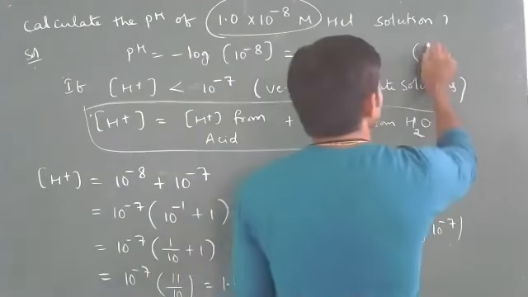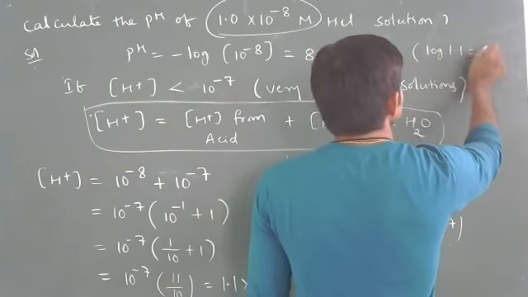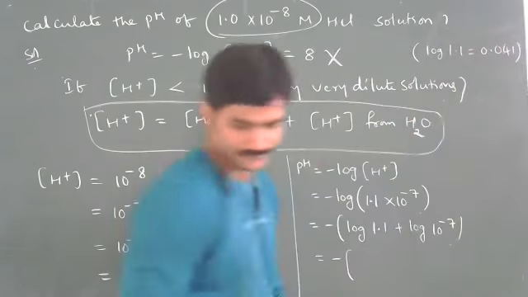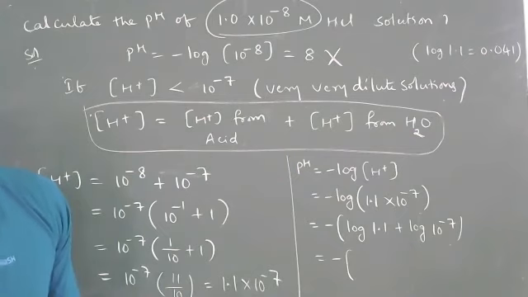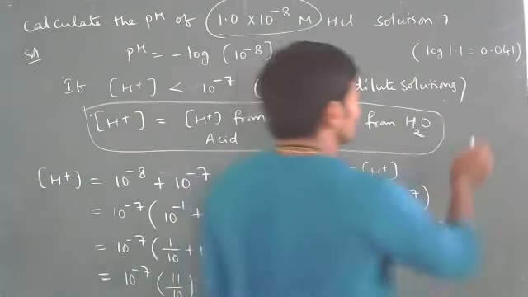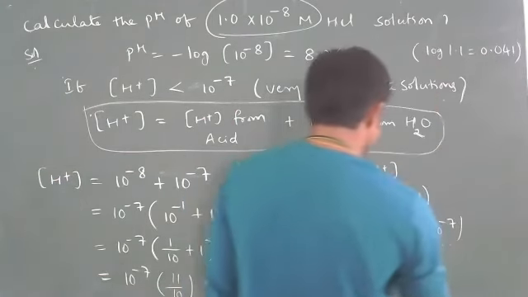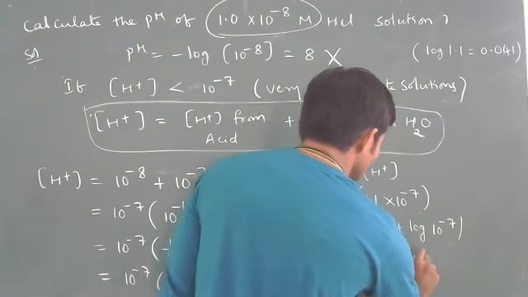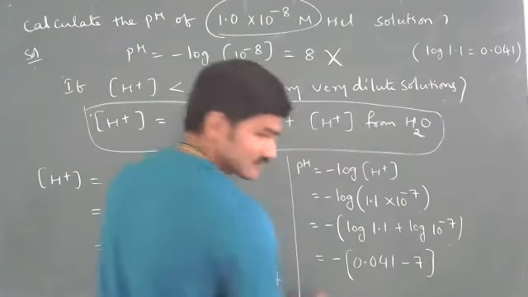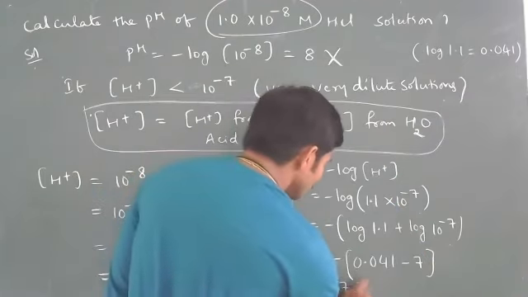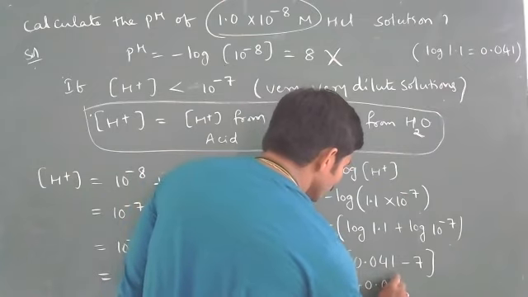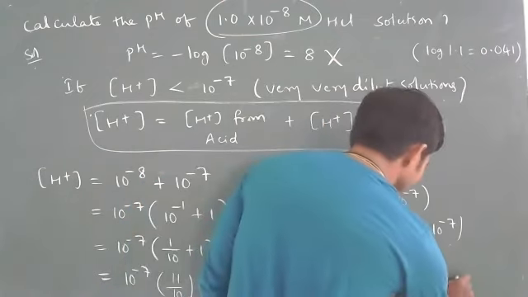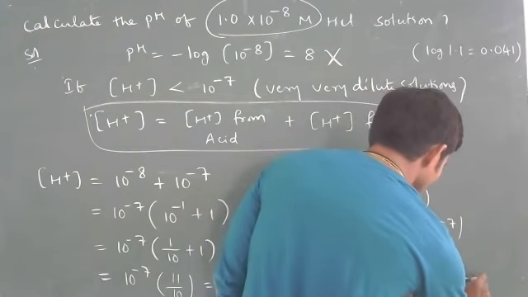Log 1.1 value is 0.041. So I'll take here 0.041. This becomes minus 7. So what value will you get? 7 minus 0.041 is equal to 6.959.